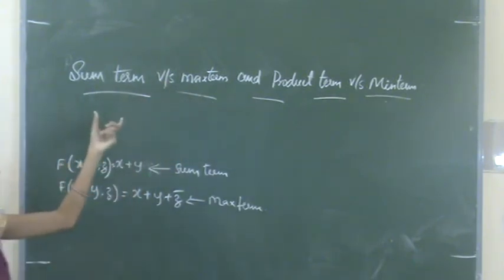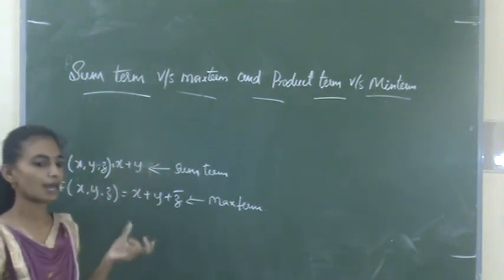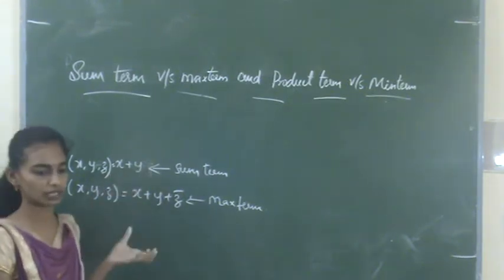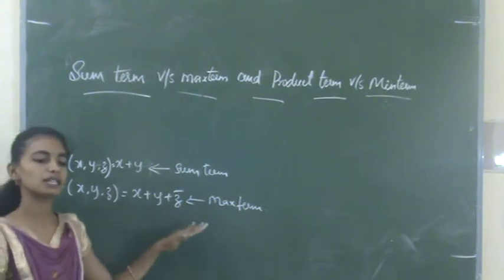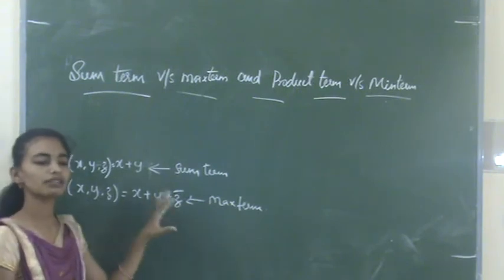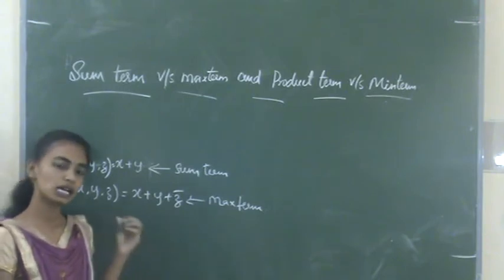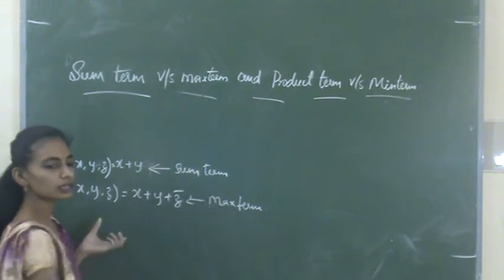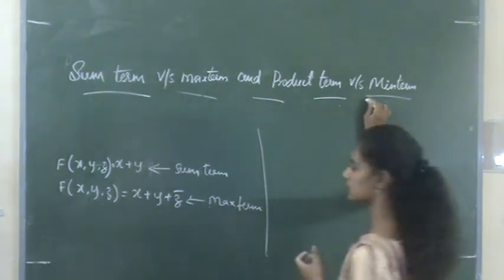So that is sum term versus max term. A sum term is a sum of the variables but doesn't have all the variables. But in a max term, all the variables should be present. It is also a sum of variables, but all the variables have to be present, either the variable or its complement. Next we have product term versus min term.